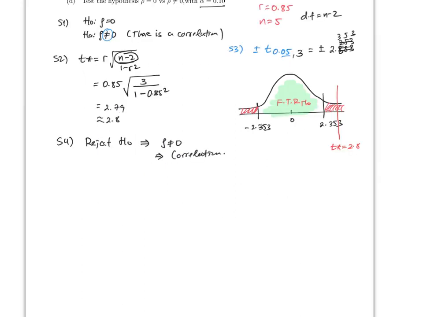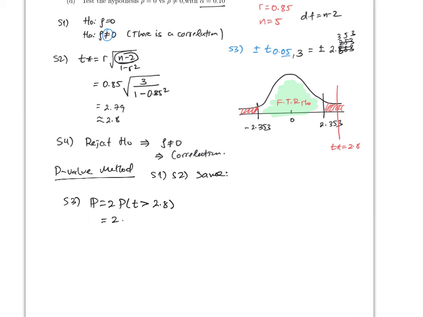All right, so for the p-value method, remember the step 1 and step 2 are the same. So you can go straight to step 3. And for step 3, the p-value will be twice the probability that t is greater than t star, which in this case is 2.8. And then this will be twice.